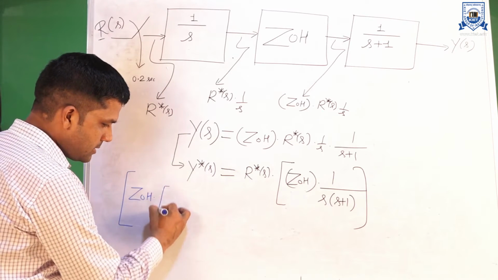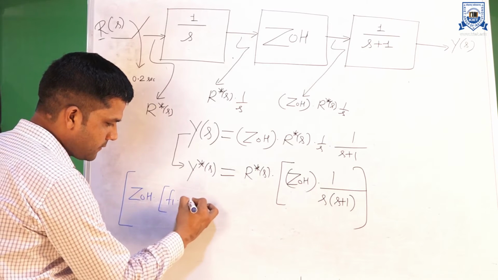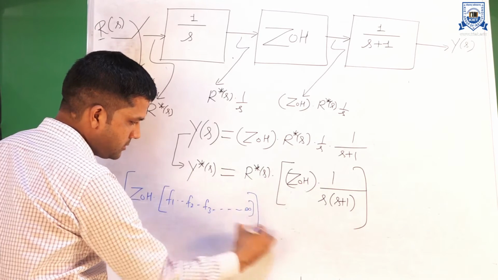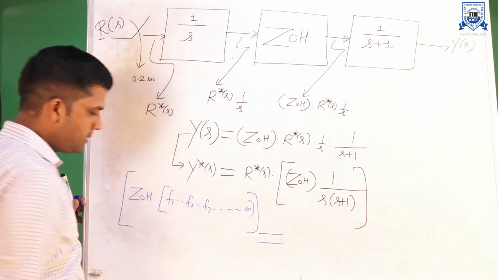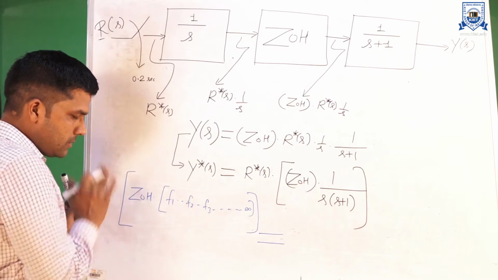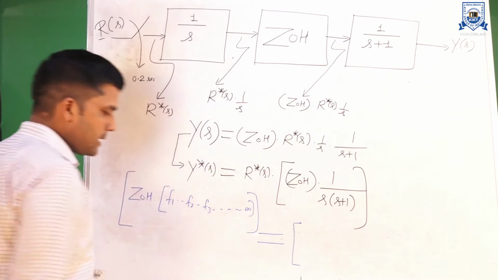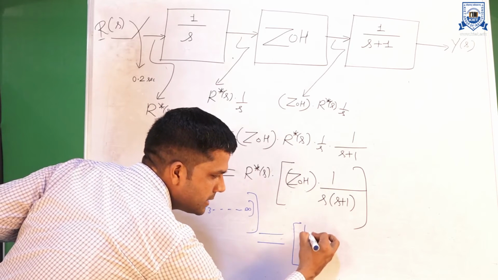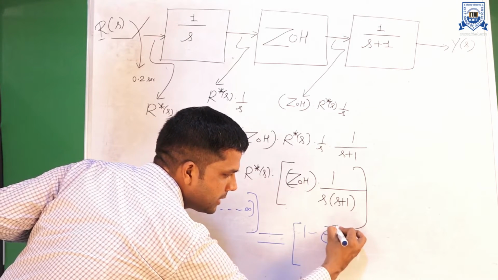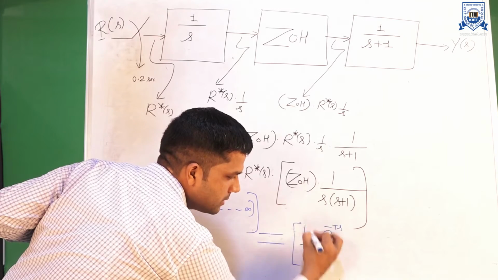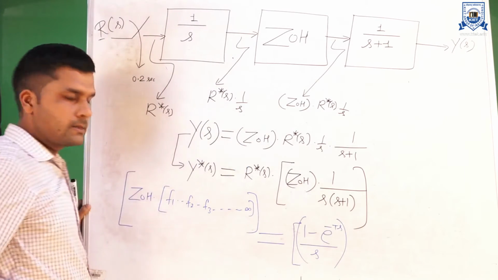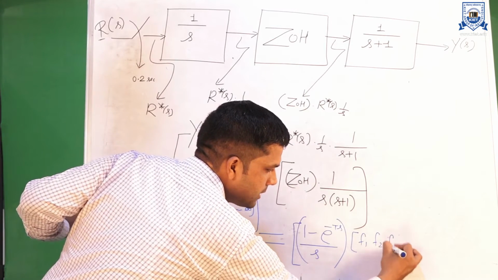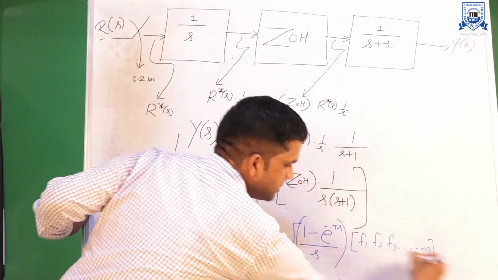Okay, so here is a bunch of functions f1, f2, f3 and so on, to infinity. What is the transfer function of ZOH? The transfer function of ZOH is represented as 1 minus e to the power minus Ts upon s, into the bunch of functions f1, f2, f3 and so on.